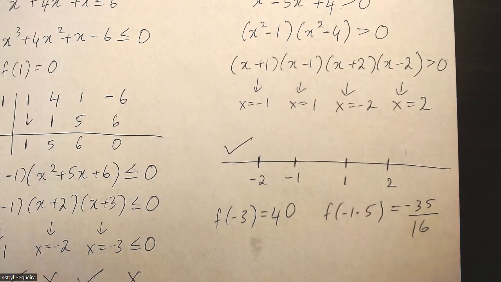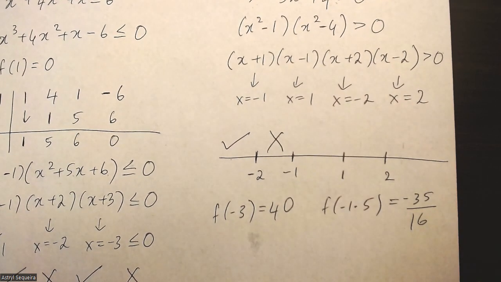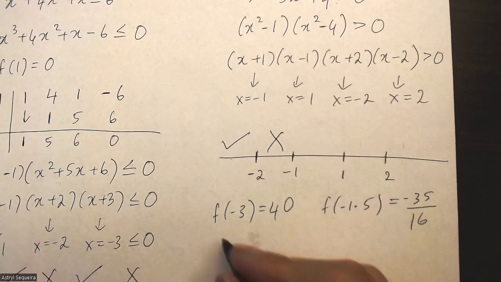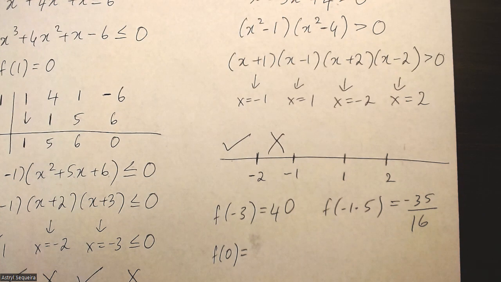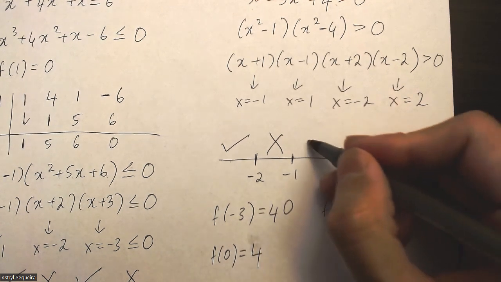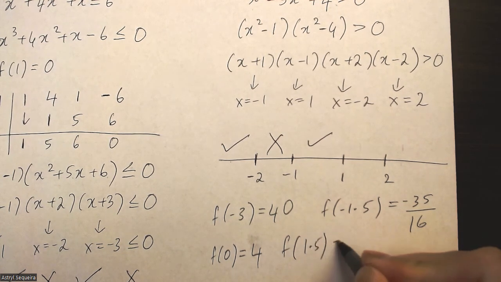That's not greater than 0, so that's no good over there. Then I will test 0 next. It's +4, so that's a good interval, and I will test 1.5 next.